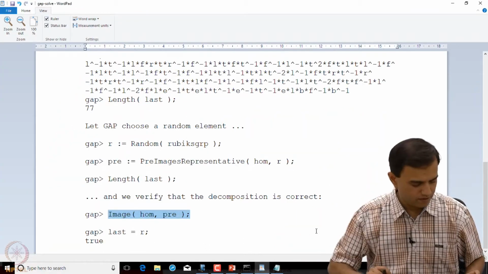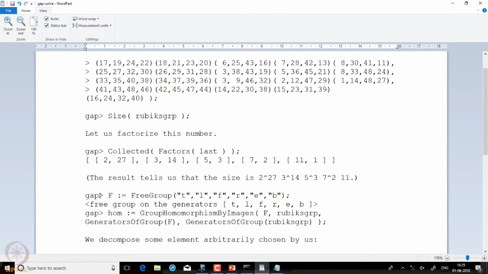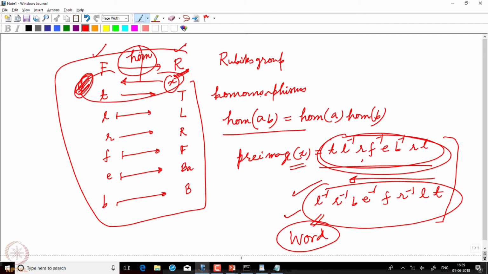So we can use these simple ideas by constructing the Rubik's group, and then by considering homomorphisms, and then just taking the inverse image of any random element, and then taking the inverse of that word, and that's it. That is precisely how one can easily solve the Rubik's cube, although I am not claiming that it is going to be an efficient way, because the pre-image which is going to come is not the shortest one, it is not of the shortest length. That is a small drawback.